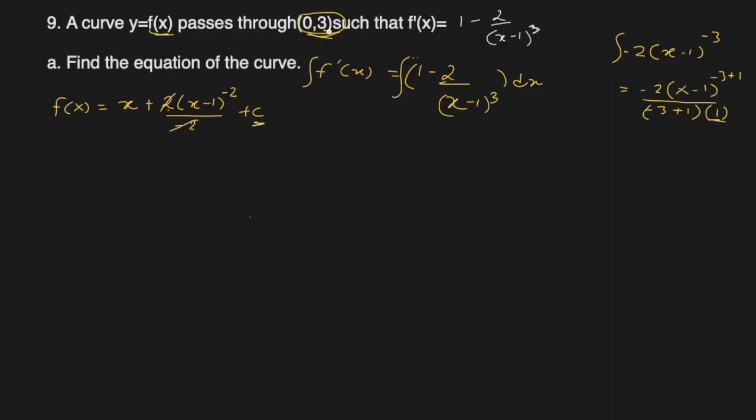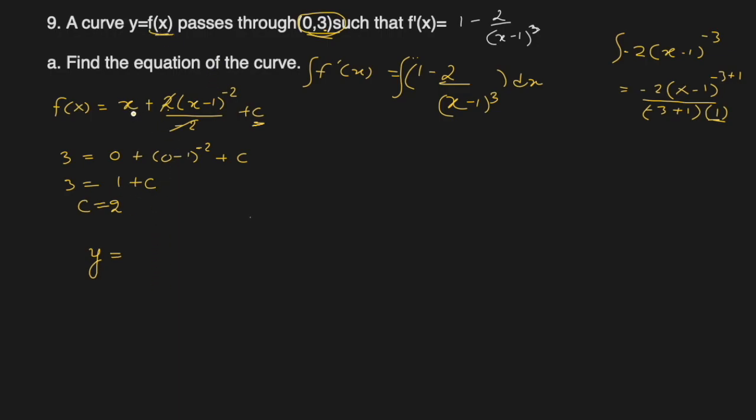So in which the y coordinate f(x) is 3, so 3 is equal to x is 0 plus (0 minus 1) to the power minus 2 plus c. So 3 is 3, 0 we can ignore, and minus 1 to the power square, when this minus 2 becomes positive as a denominator, it will become positive 1. So 1 plus c, and if 1 comes here, 3 minus 1 is 2. So c comes out to be 2.